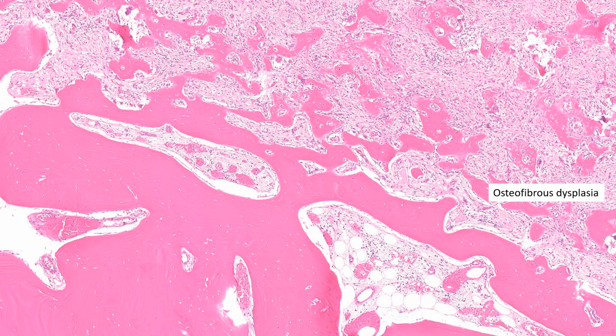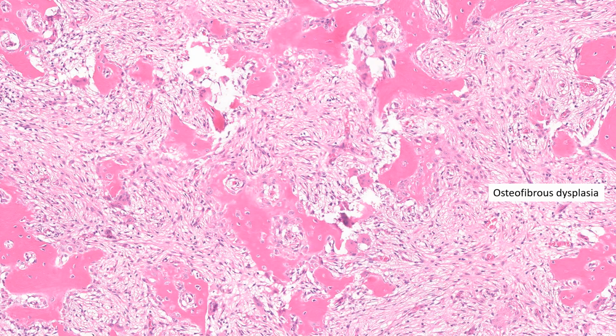There we go again. Notice that interface of the tumor with the adjacent cortical bone, there is no infiltration. In fact, there is some level of merging of the neoplastic lesional bone with the underlying cortical bone. So an intermediate power of the lesion, and now you see it looks very much like fibrous dysplasia, which is invariably in the differential diagnosis.